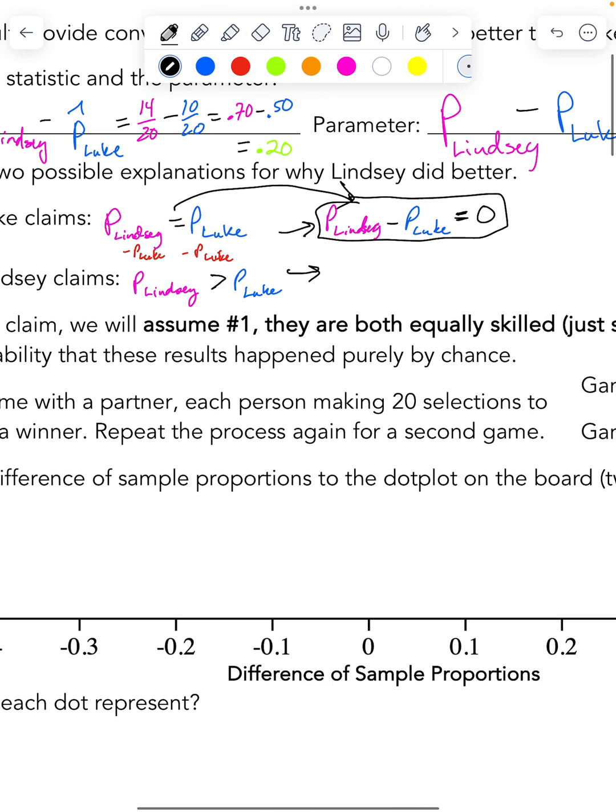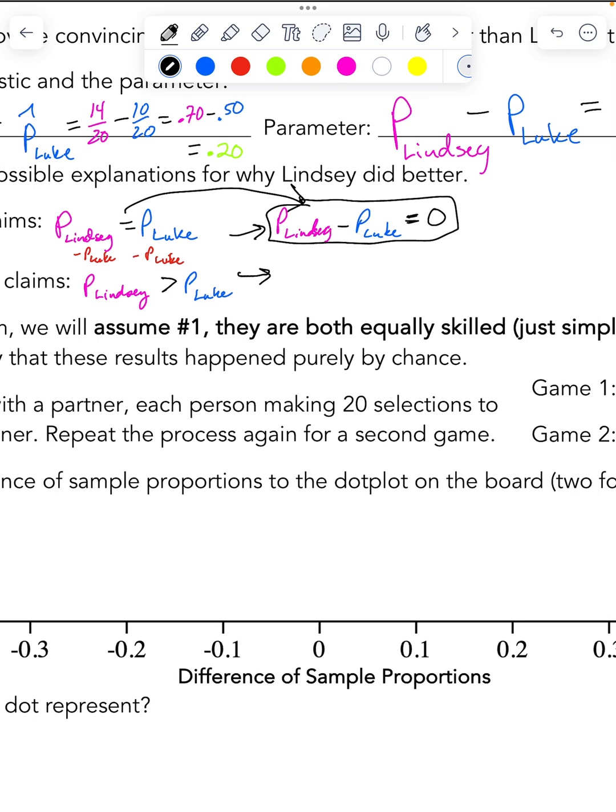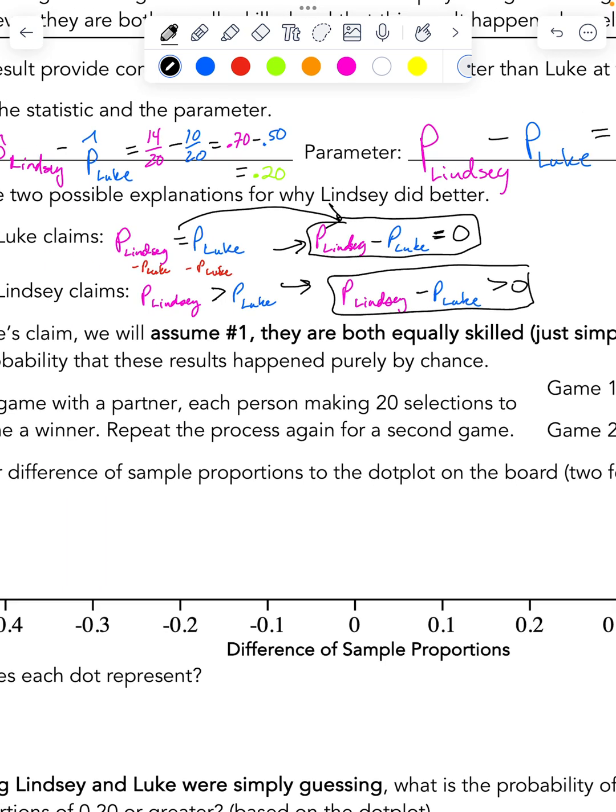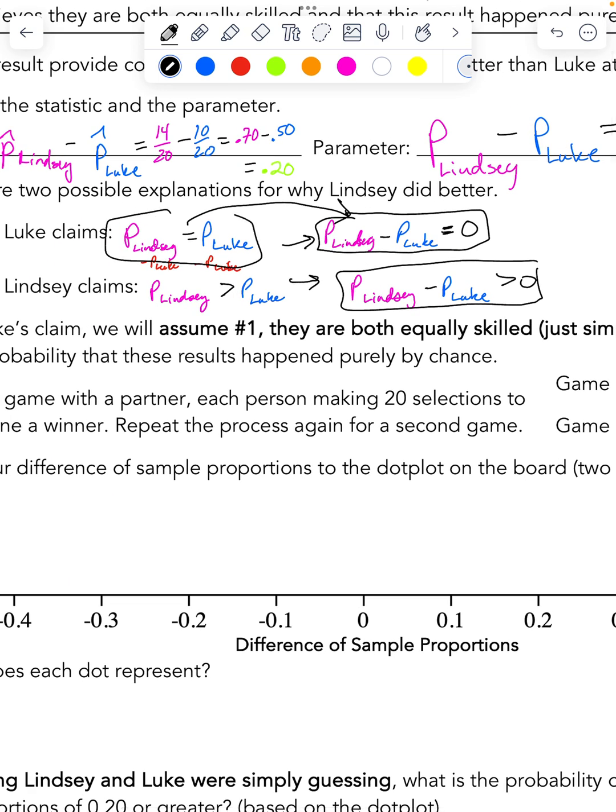And if I do that, I could also write that as P Lindsay minus P Luke is greater than 0. Just another way of writing the same thing. This is not incorrect over here. This is not incorrect. It's just easier to deal with it when it's compared to a number like 0.